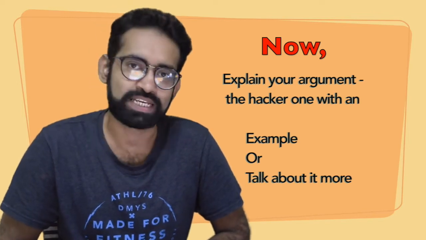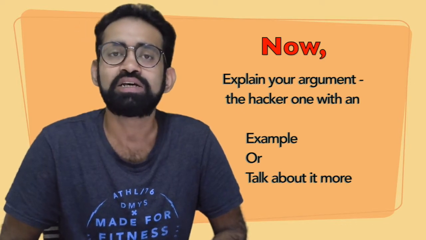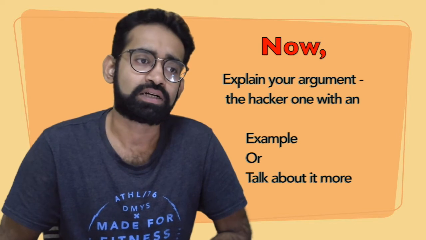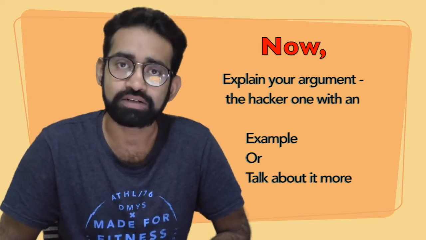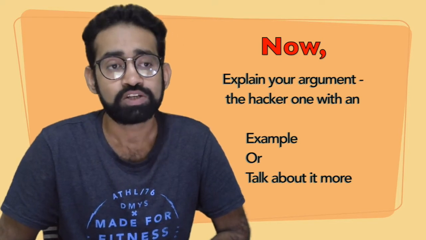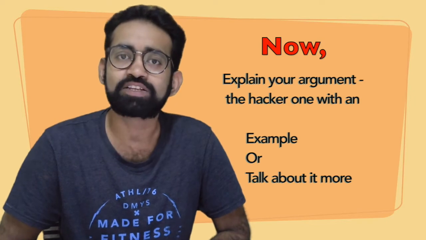Now I need to explain this argument. One way is to use an example and go ahead with it. One way of explaining an argument is to talk about it more. We were talking about hackers using programming languages, right? So let's talk about explaining this.